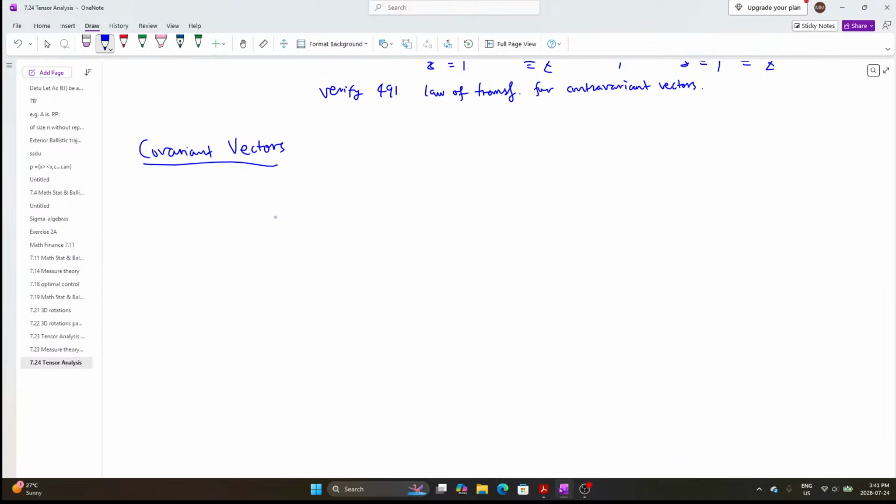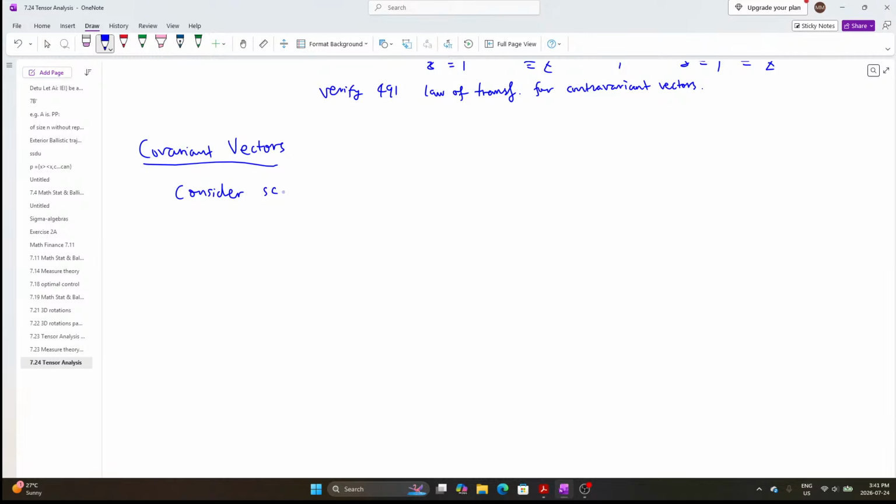Now we consider the scalar point functions. Actually, that's fine. I think this section is perfectly adequate. It says now we consider the scalar point function, like what? Like a temperature field.